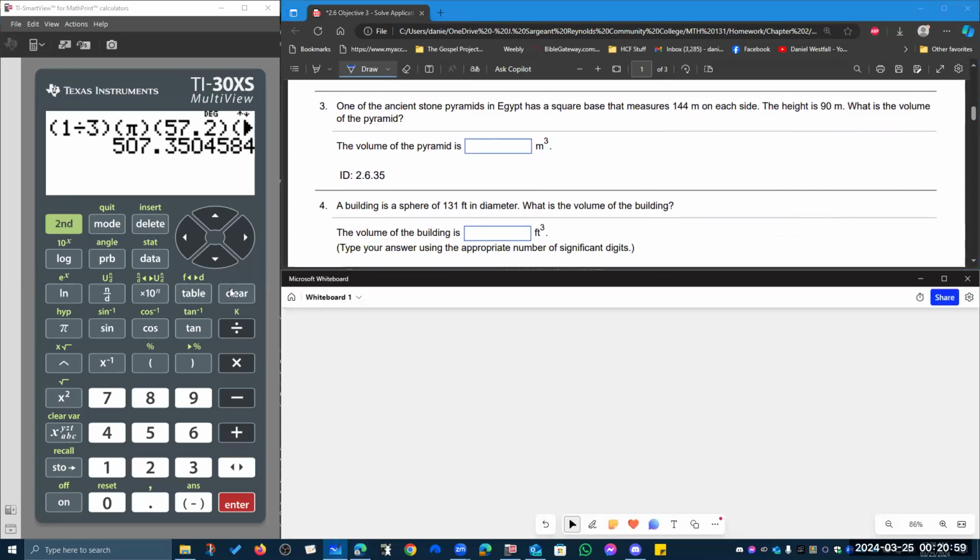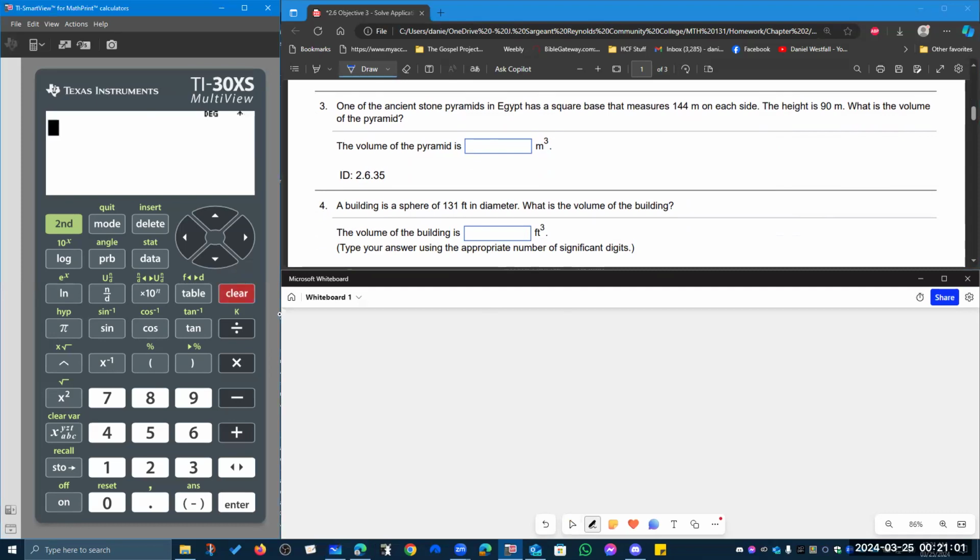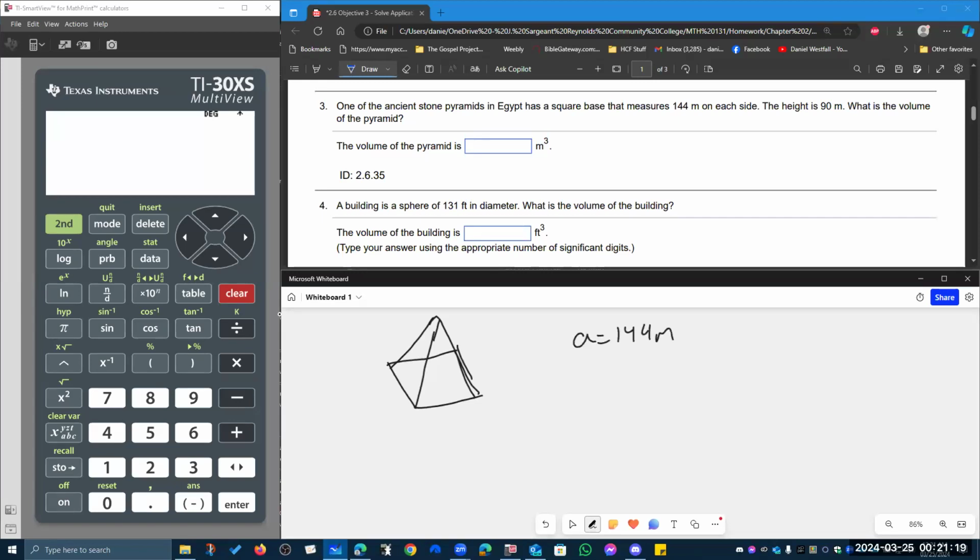One of the ancient stone pyramids in Egypt has a square base that measures 144 meters on each side. The height is 90 meters. What is the volume of the pyramid?